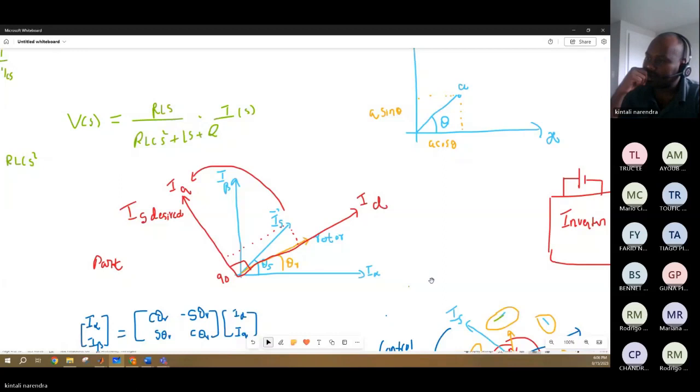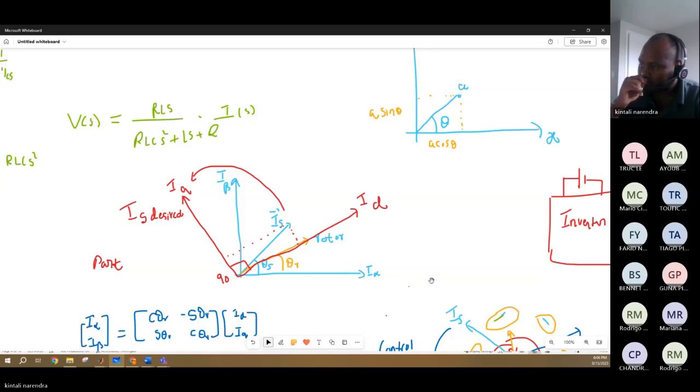So you have the IS, the blue line. We want to move it to IQ, not rotate it, we want to move it to IQ. So that angle is 90 degrees.